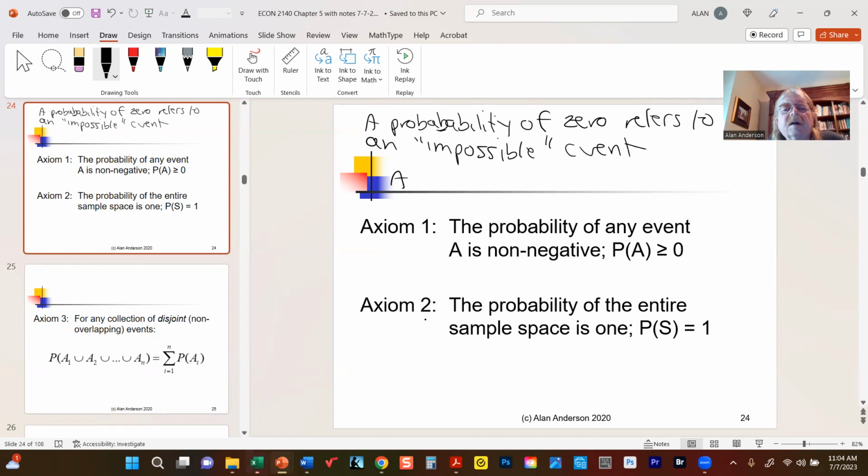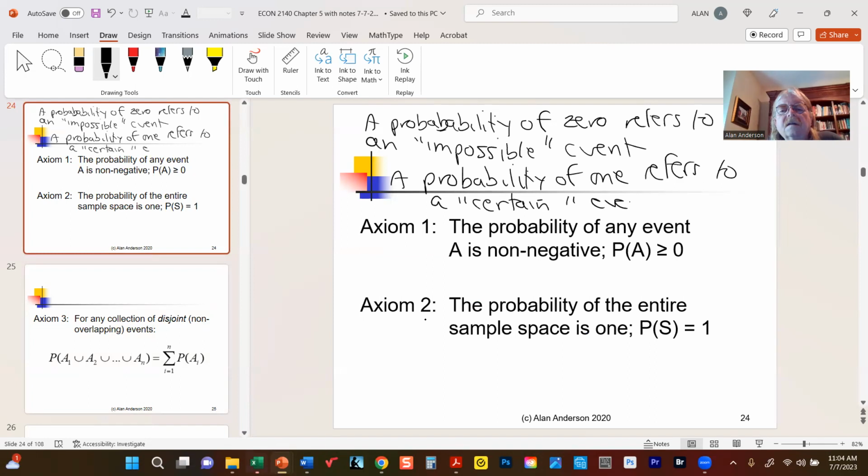And at the other extreme, a probability of 1 refers to a certain event. That being the case, what this implies is that all probabilities have to be somewhere between 0 and 1. You can't have negative probabilities, and you can't have probabilities that are greater than 1.